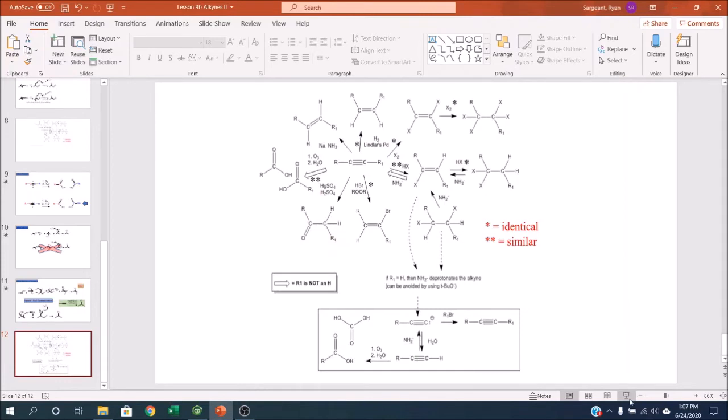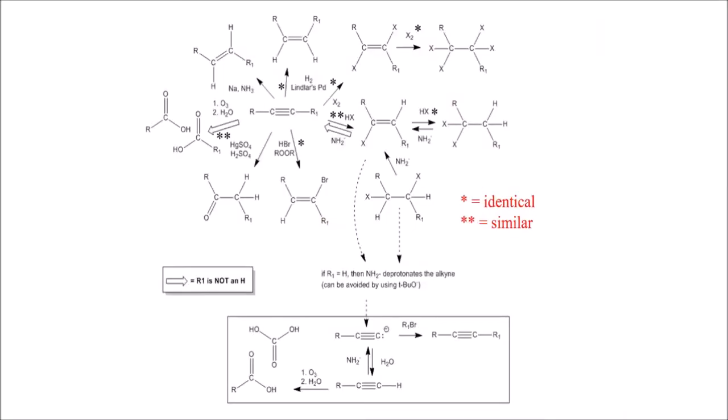All right, so now you're ready to consider the full alkyne wheel of doom, or as somebody with a bad sense of humor referred to it, alkynes of doom. The new reactions that I'm adding in here are first looking at ozonolysis, and ozonolysis for alkynes is similar but not identical to ozonolysis for alkenes, and that's because we end up making carboxylic acids.